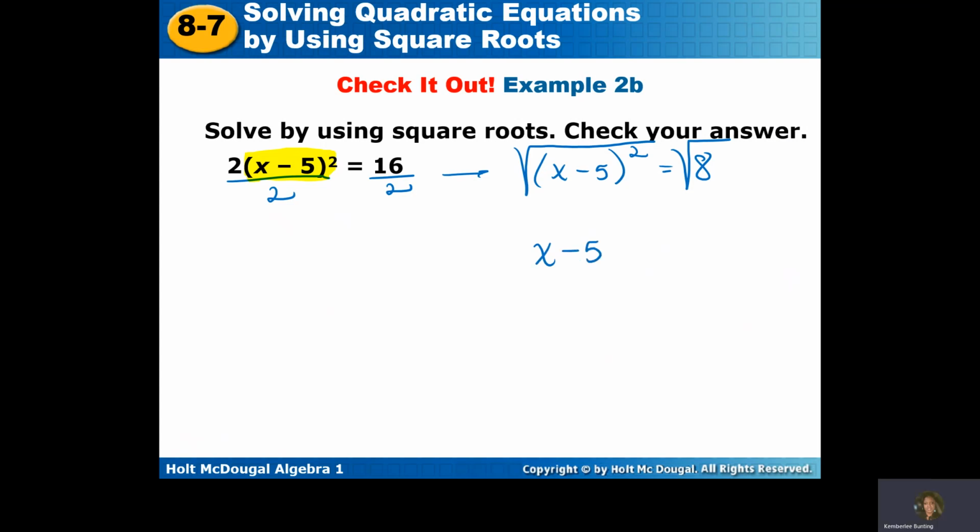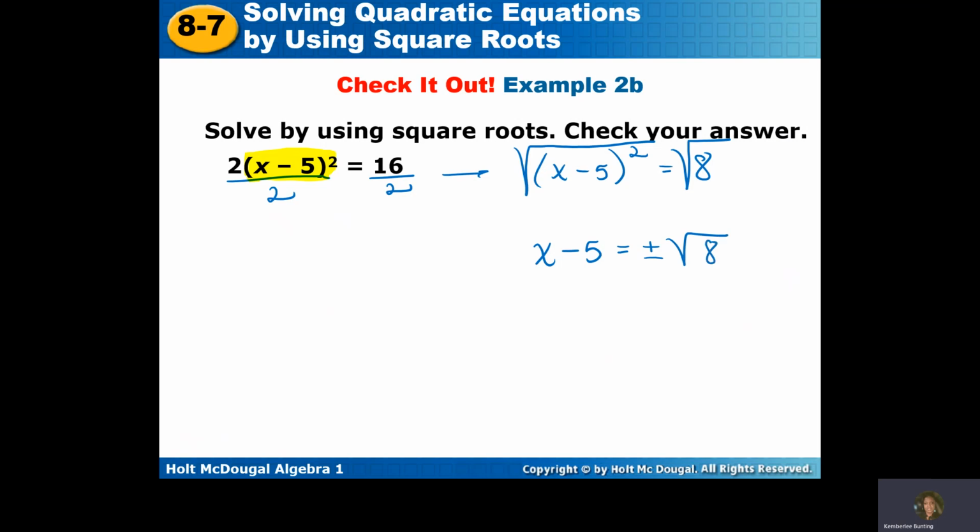The square root symbol dissolves the squared symbol, okay? Right? Everybody all right? Okay, all right. And then is equal to plus or minus whatever the square root of 8 is.